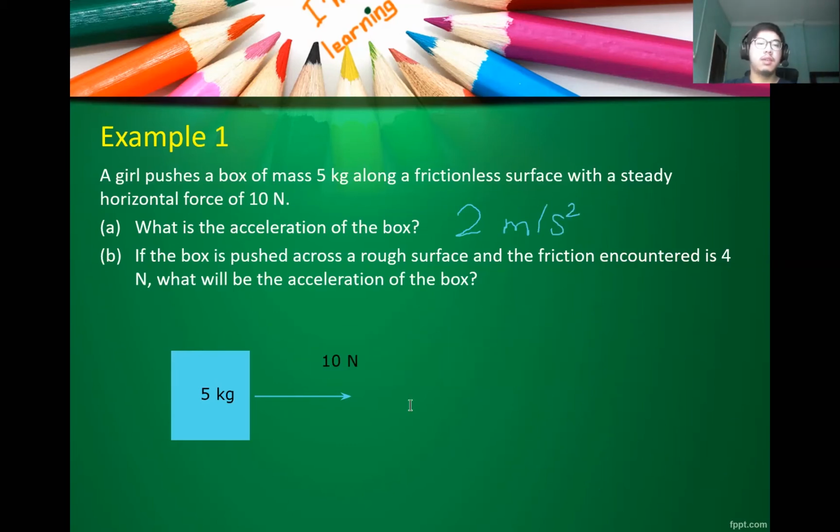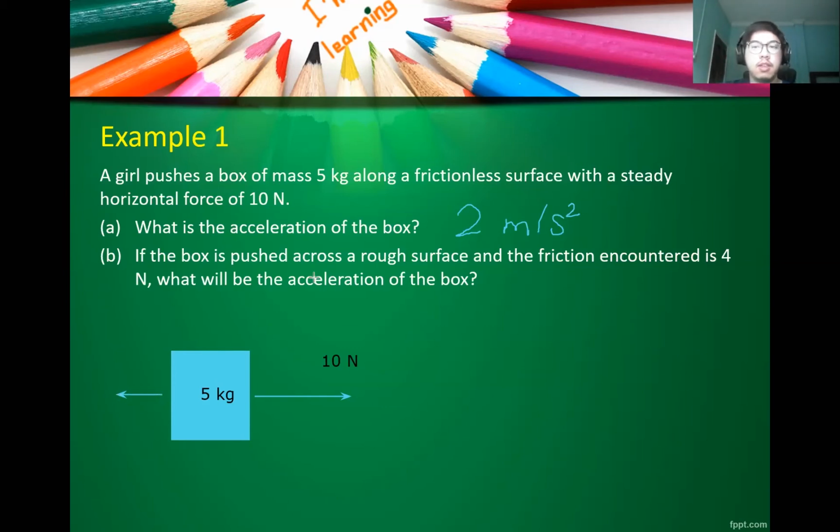Now let's answer question B. If the box is pushed across a rough surface, so this time for B, the surface changed. Now the surface is rough and the friction encountered is 4 newtons. What will be the acceleration of the box? So for this next question, we have friction because the surface is now rough.